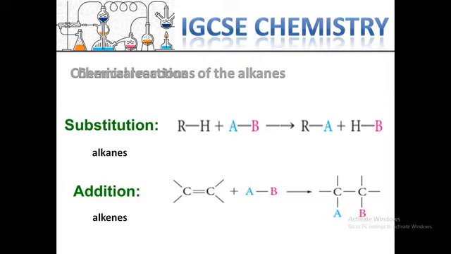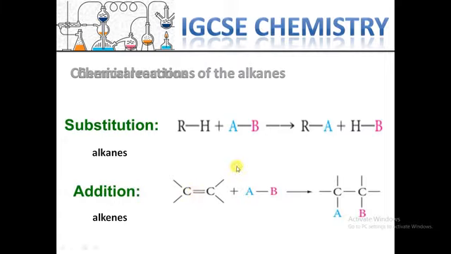I explained before that the double bond can be named as a functional group. Actually, the function of alkene compounds comes from the double bond. So in addition, both A and B, the two parts of the second reactant, can be added on each side of the double bond.